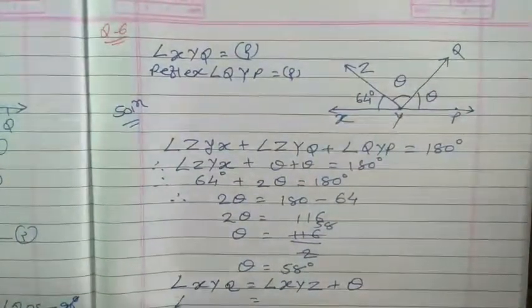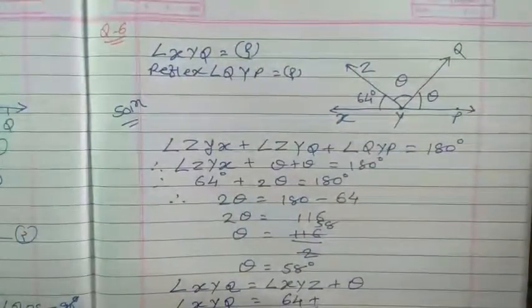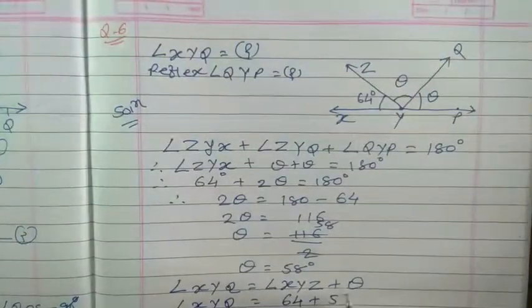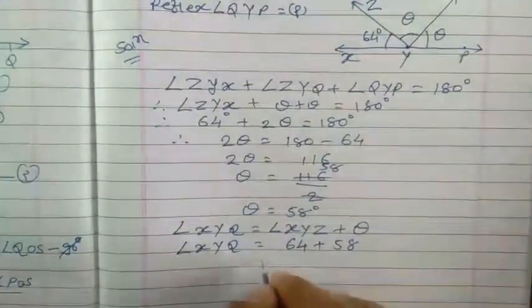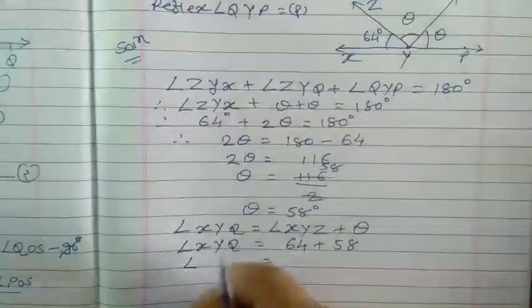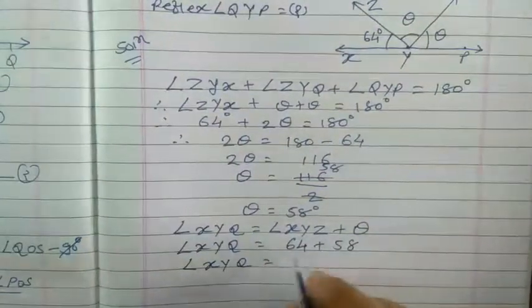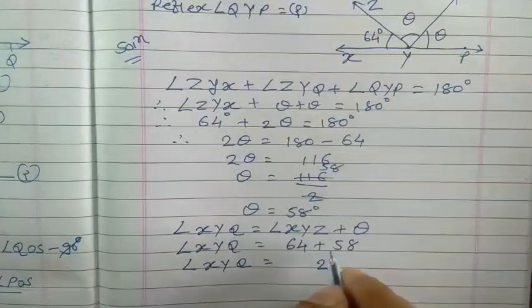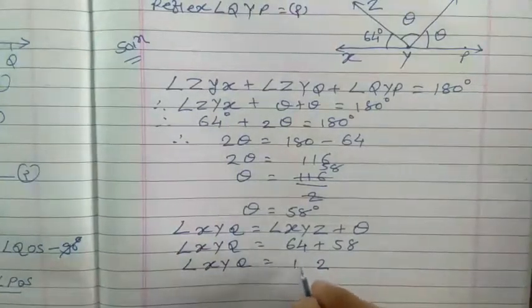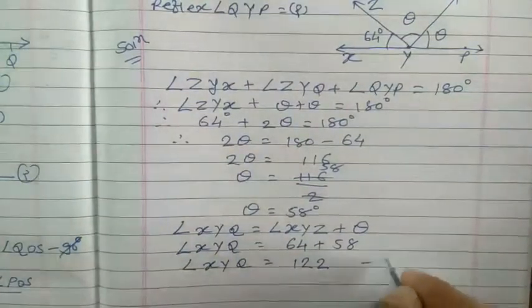So angle of XYQ is equal to 64 plus 58. That's why angle of XYQ will be 4 plus 8 is 12, 1 carry, and 6 plus 6 plus 1 is 12. So this is the first answer.